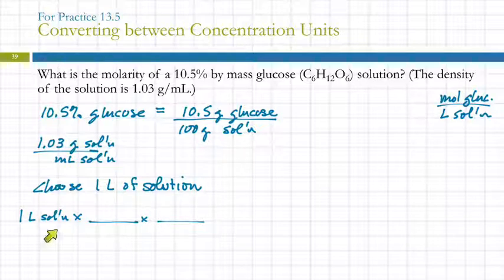Well, I need to get from solution liters here, I need to get to grams, because I've got grams in here, right? Maybe we should write the path up at the top. I'm starting with 1 liter of solution, and I'm trying to calculate moles of glucose.